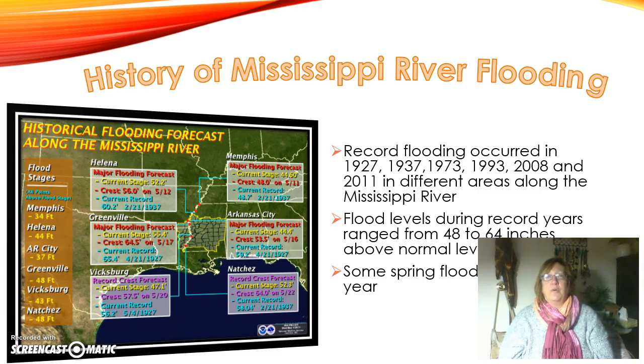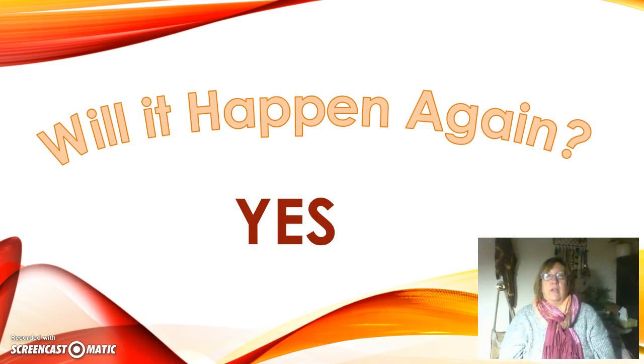So it was pretty high. In some areas it was record flooding, and other areas it was only the second or third highest flooding. I mean, it was a long distance that this flood covered, so it varied throughout.